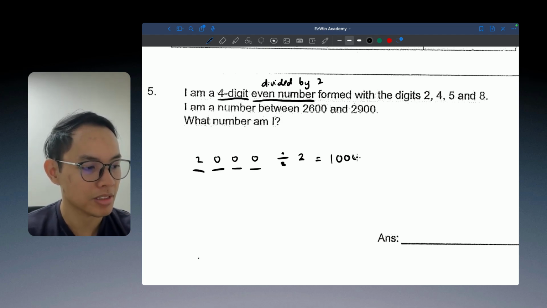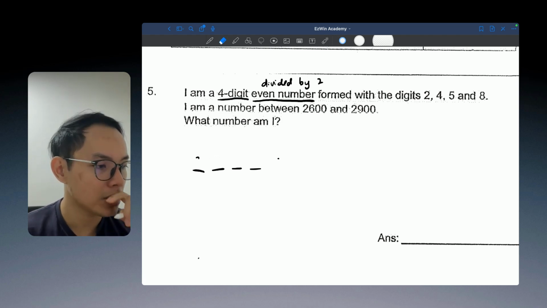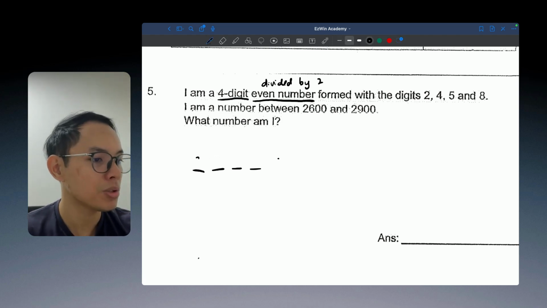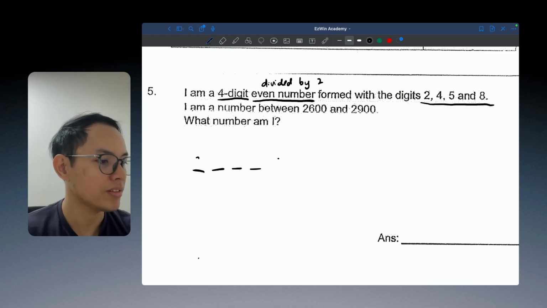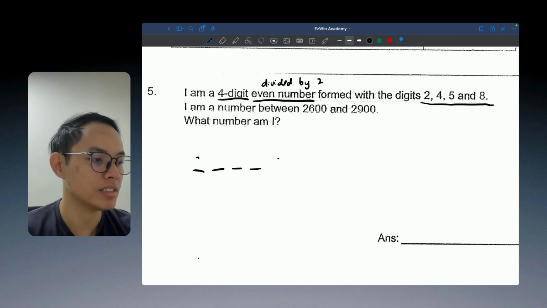Pretty simple. This is formed with the digits 2, 4, 5, 8, so the number can be any number that is using the digits 2, 4, 5, 8.